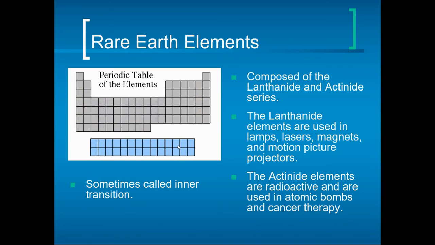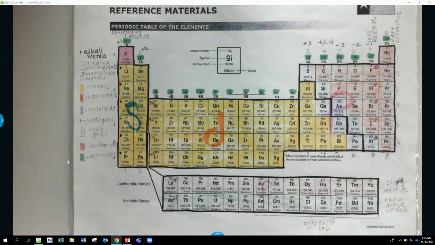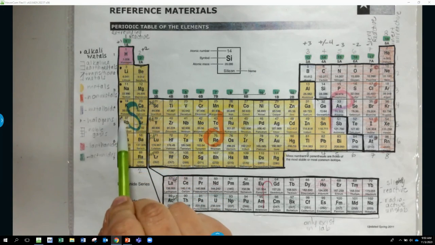Okay. You should have colored your periodic table to show all of these things, and next I'll show you what that periodic table should look like. Okay, this is what your periodic table should look like, colored. If you notice, most everything is yellow. Those are your metals. Over here in this orange spot, those are your nonmetals. These are your metalloids. You were told to put a little dot in all the alkali metals.